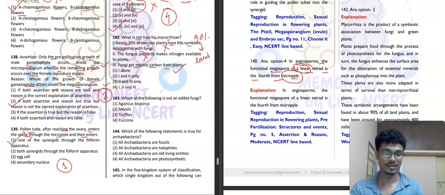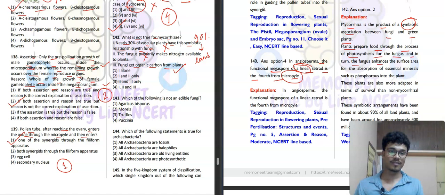You can read in the explanation that mycorrhiza is the product of symbiotic association between fungi and green plants. Plants prepare the food through the process of photosynthesis for the fungus, and in turn the fungus enhances the surface area for absorption of essential minerals such as phosphorus into the plants.